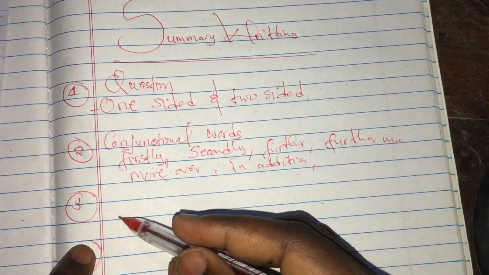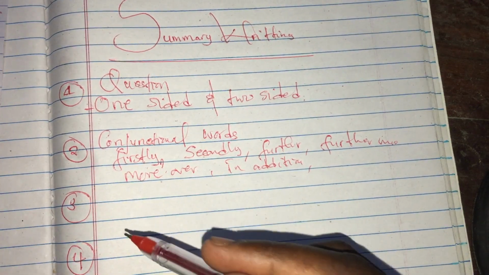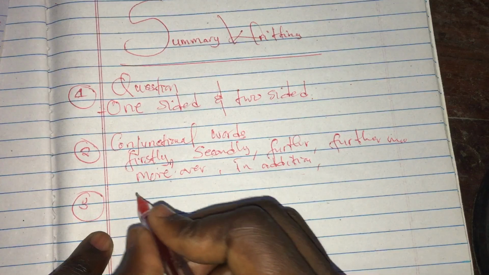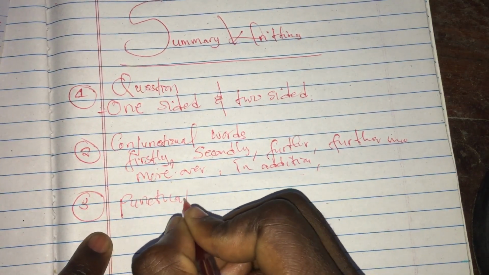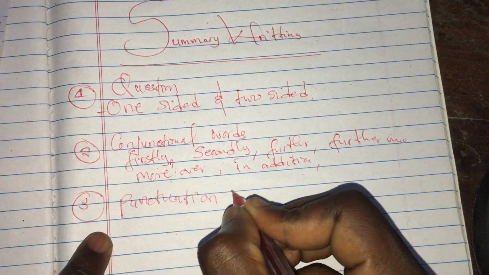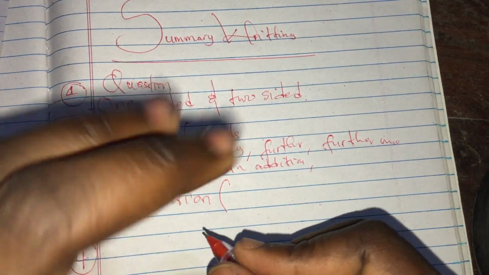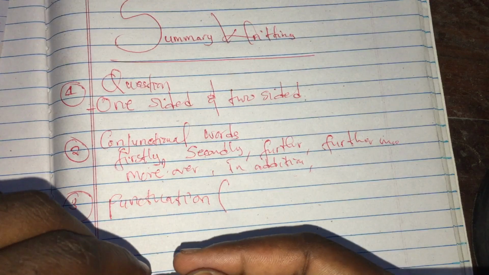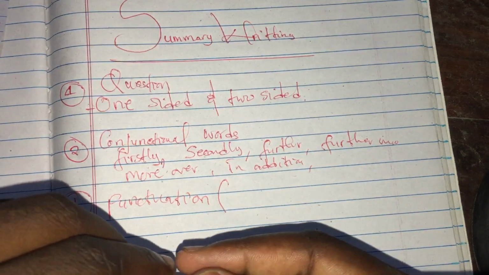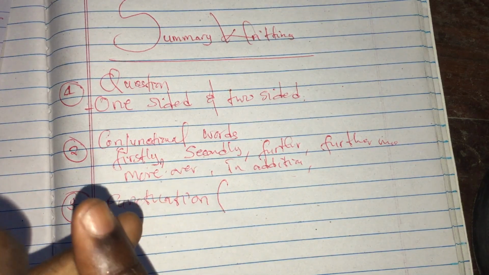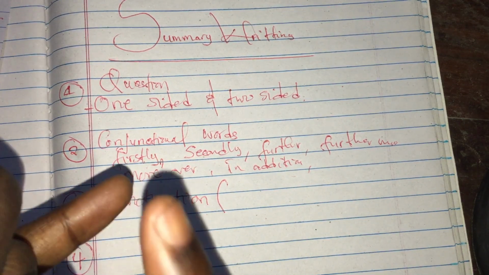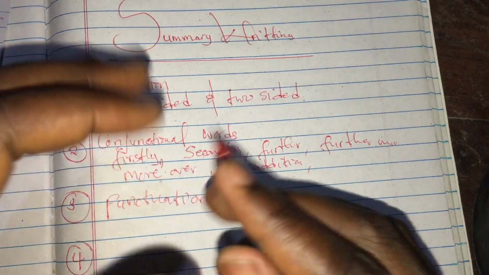Then point number 3, which you must consider very much, is the issue of punctuations. Listen. In each and every summary you must have just 3 punctuations. In your summary, there must not be a question mark, there must not be an exclamation mark, or speech marks.